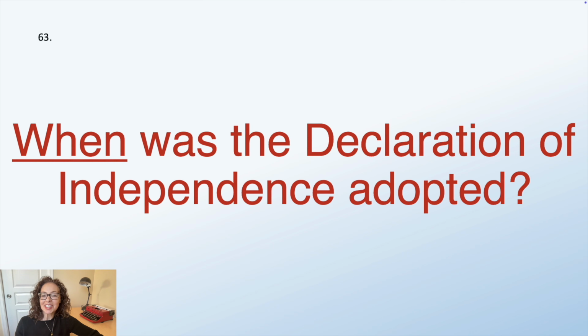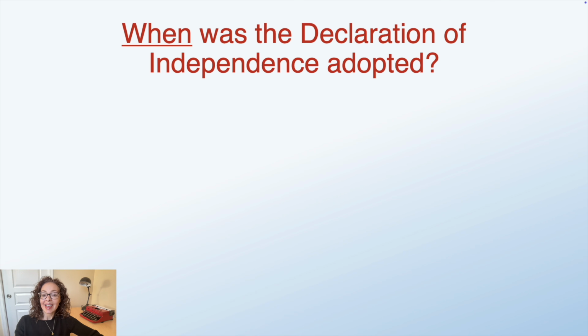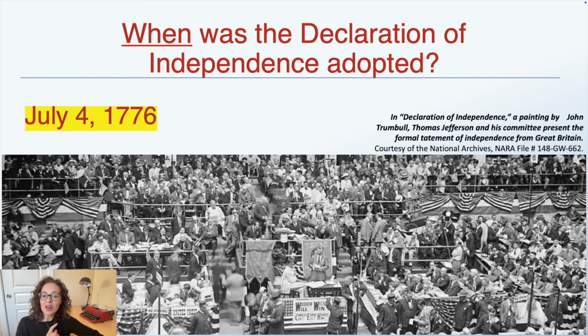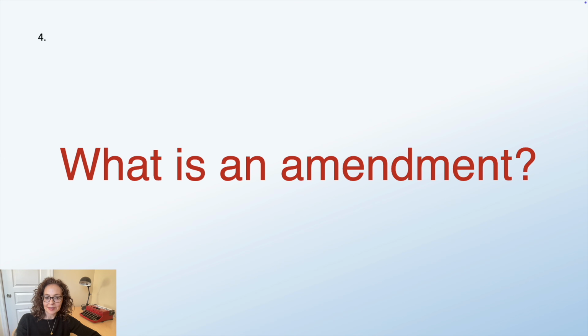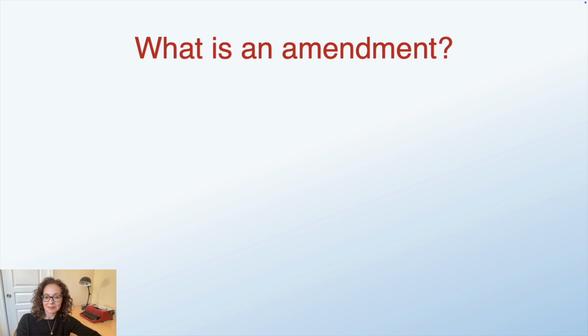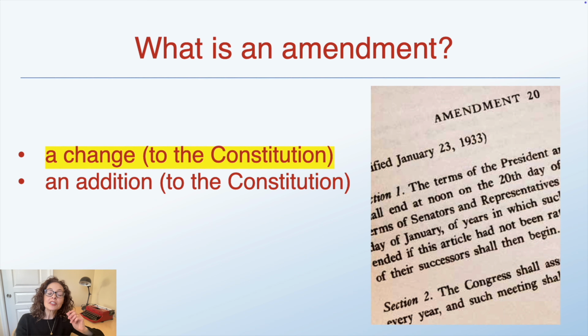When was the Declaration of Independence adopted? That was July 4th, 1776. What is an amendment? An amendment is a change to the Constitution.